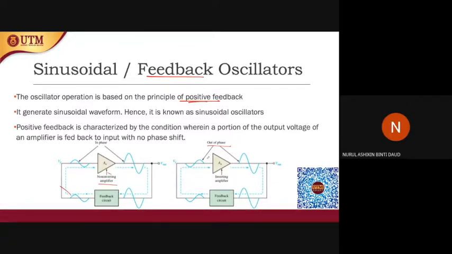If the waveform is 180 degrees out of phase, the inverting amplifier will invert by 180 degrees, and the feedback circuit will also feed a 180 degree phase shift to the input signal again.